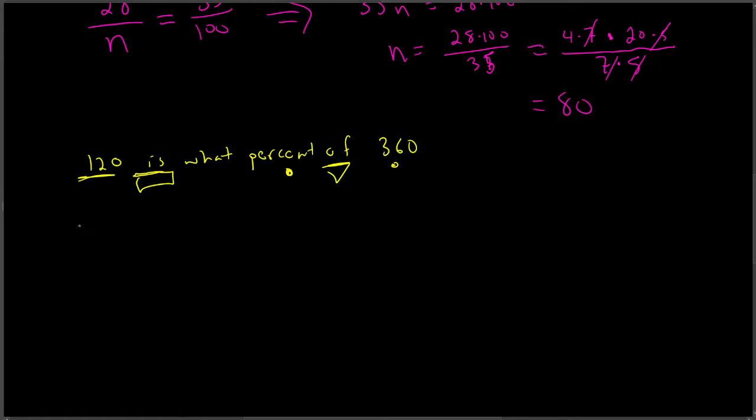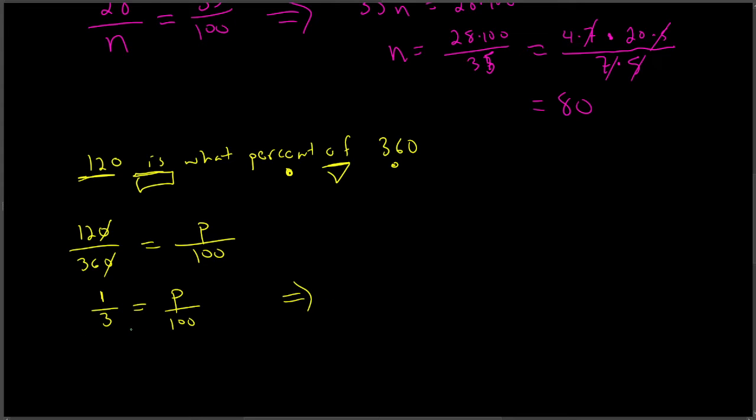So my amount is 120, my base is 360, and that's equal to my percent divided by 100. Now I want to simplify this side first. The powers of 10 will cancel, and I should note that 12 goes into 36 3 times, so 1/3 equals P over 100.